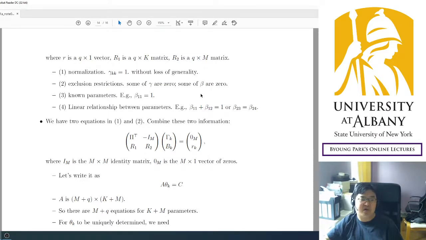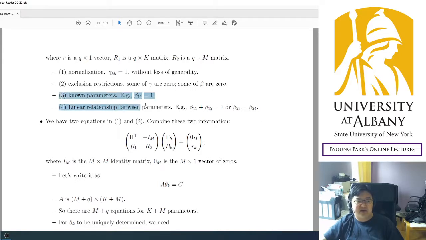That is exclusion. Some of the beta or gamma are 0. And you may simply assume that some parameters are known, or a linear relationship between the parameters. Say two parameters must sum to 1, or the two parameters equal each other. These kinds of assumptions come from economic theory, for example.